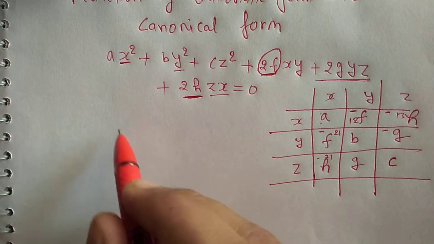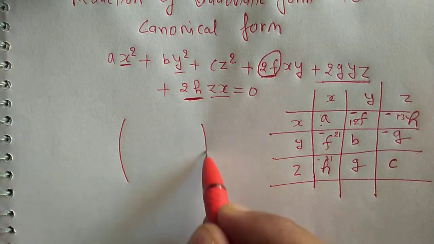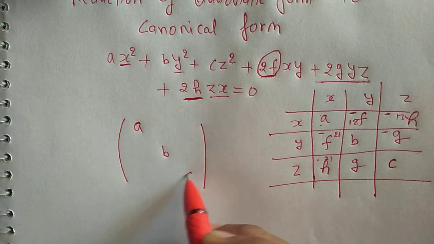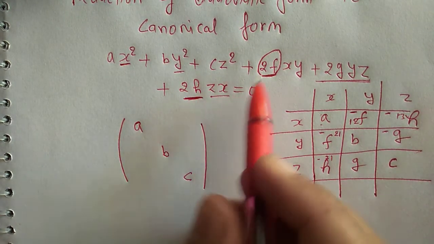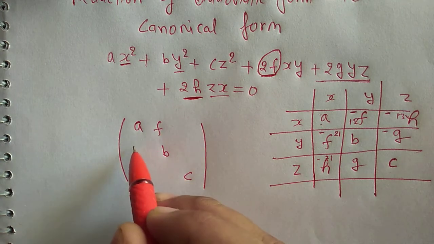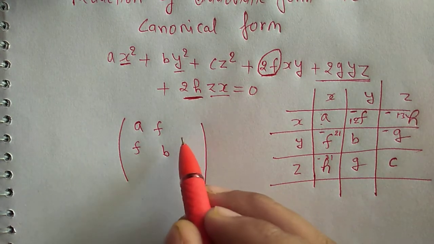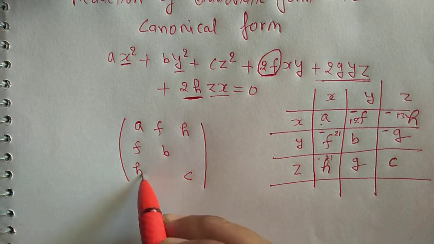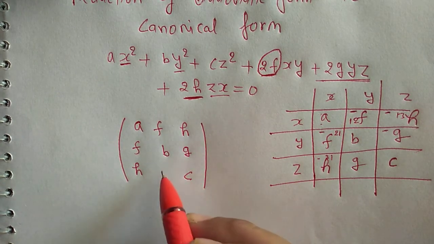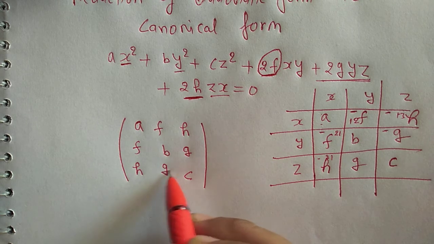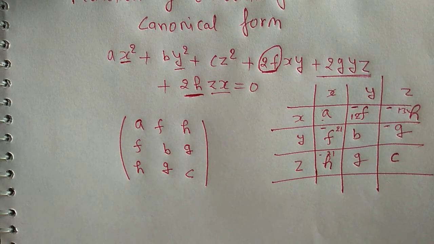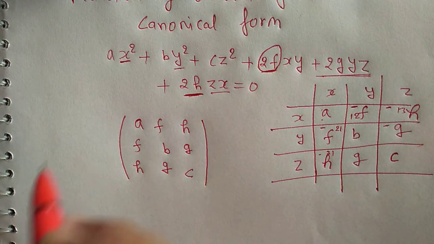So your coefficient matrix will be a, b, c on the diagonal, and f will be in the 1 2 and 2 1 places, h will be in 1 3 and 3 1, and g will be in the 2 3 and 3 2 positions. So this is your coefficient matrix A.